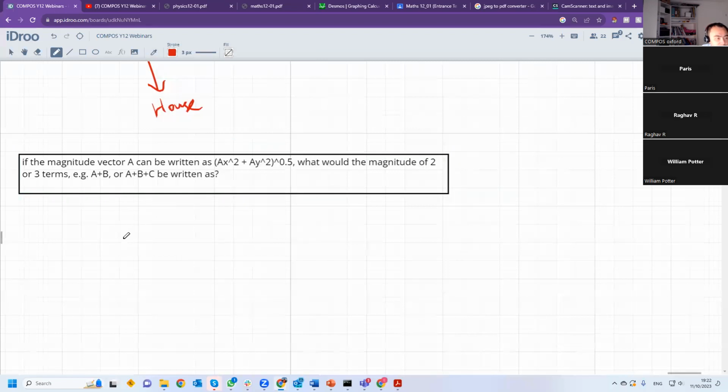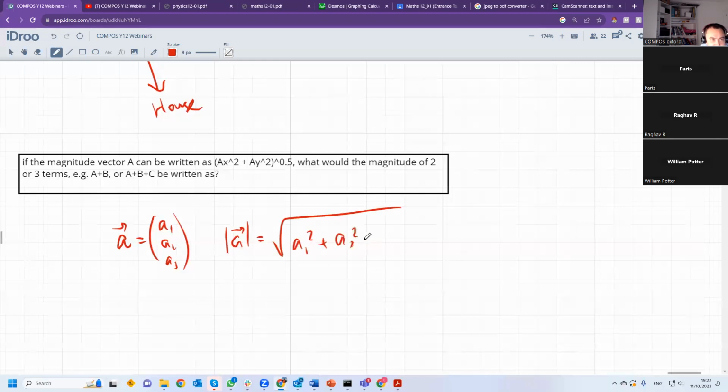If you have a column vector A, which is A1, A2, A3, then the modulus of this vector is the square root of A1 squared plus A2 squared plus A3 squared.